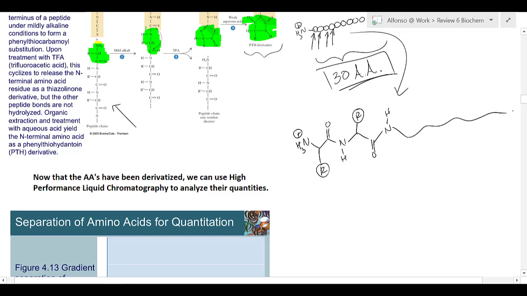The Edman reagent only reacts with this, the NH3+. You see this NH? It's not going to react with this. So that's what you were asking, if we block this one, would the Edman reagent react with the nitrogen here? Or the nitrogen here? It won't. Does that answer your question? Yeah. Okay.